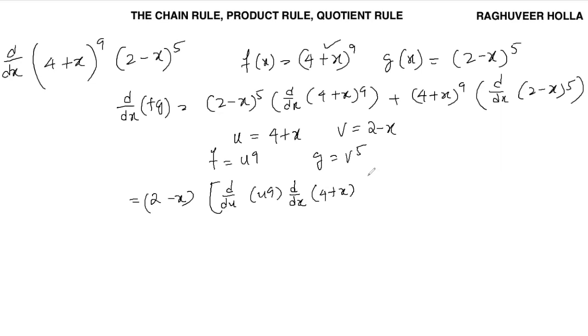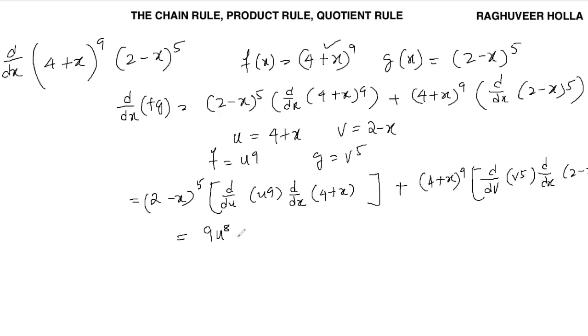This is the first part, and the second is 4 plus x to the power of 9 times d by dv of v to the power of 5 and d by dx of 2 minus x. Further, if you simplify, this is 9u to the power of 8 times 2 minus x to the power of 5 and 5v to the power of 4 times 4 plus x to the power of 9.